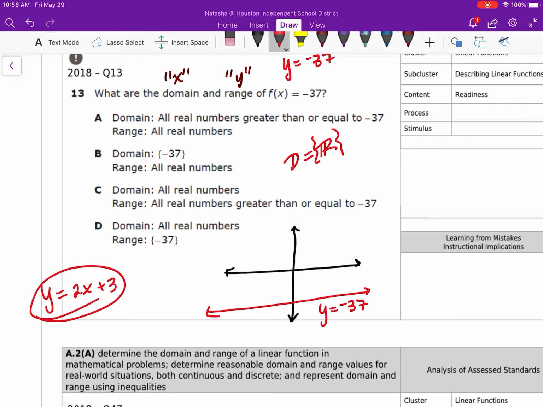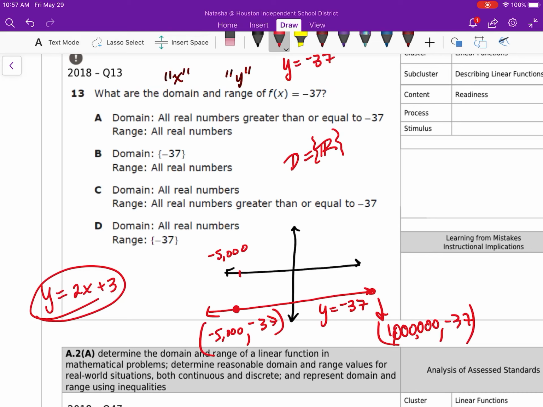But in this case, if I go here and say negative 5,000, this point here on this line would be negative 5,000, comma, negative 37. If I were to pick another x value and go in this direction and say 1 million, that's going to give me the coordinate point, let's say down here, 1 million, negative 37. Okay, that would be the coordinate point.